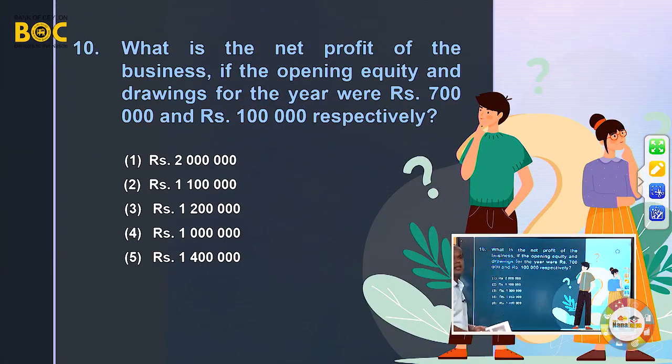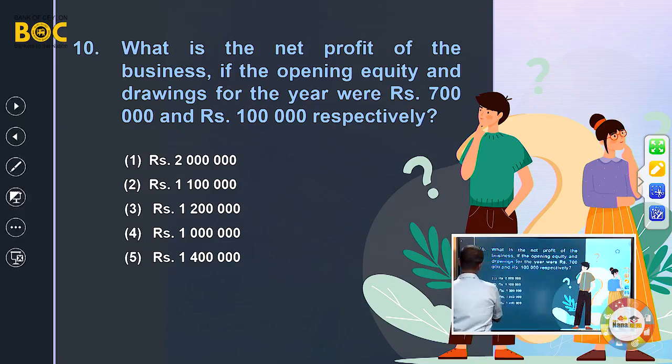Question number 10, based on the same information. What is the net profit of the business if the opening equity and drawings for the year were 700,000 and 100,000 rupees?